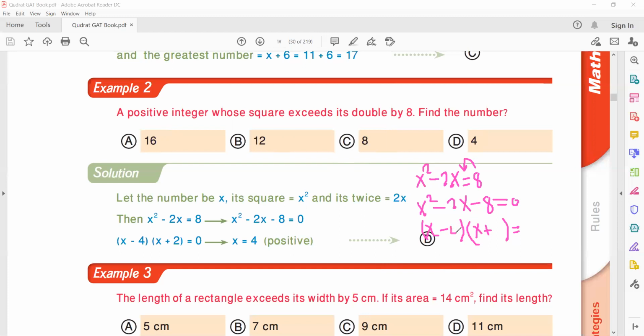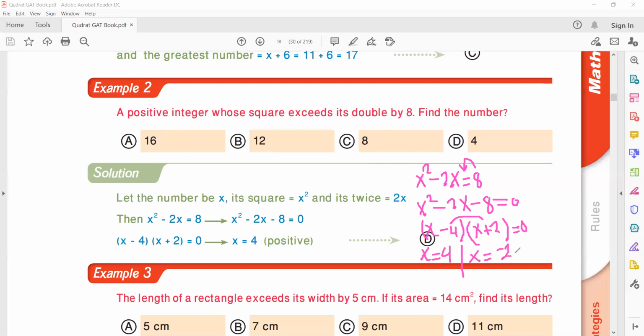The numbers are 4 and 2. When you multiply 4 by 2, it is minus 8. When you add minus 4 plus 2, it is minus 2. So the answer of one bracket is 4, and the other bracket gives x equals minus 2.